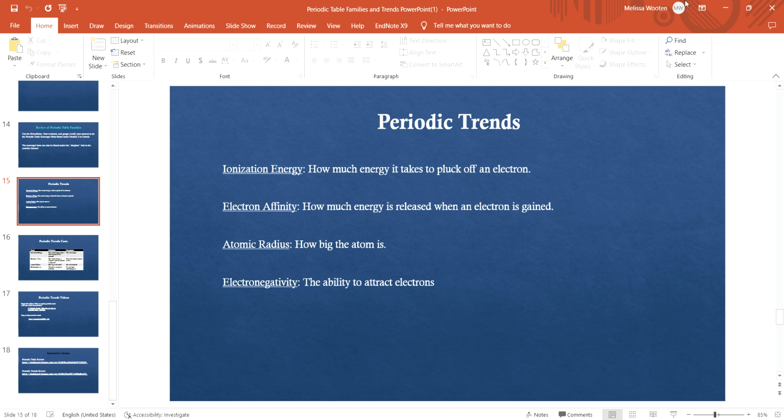Hello everyone, so we have done periodic table families, and we have done charges, finding charges in the periodic table, and now we're going to talk about periodic trends.